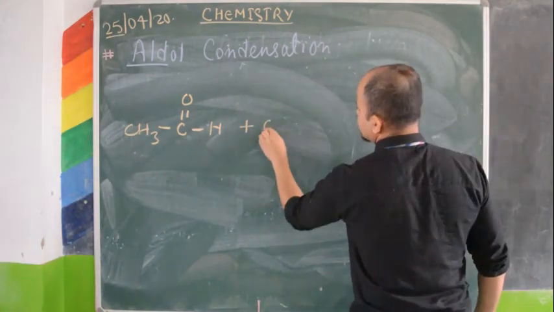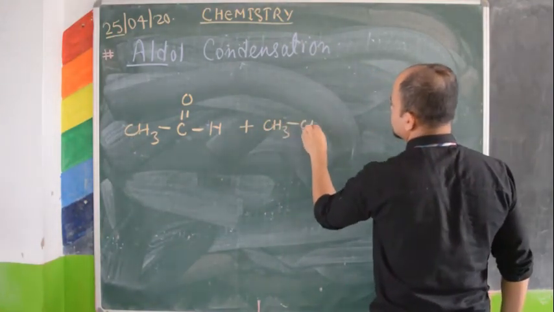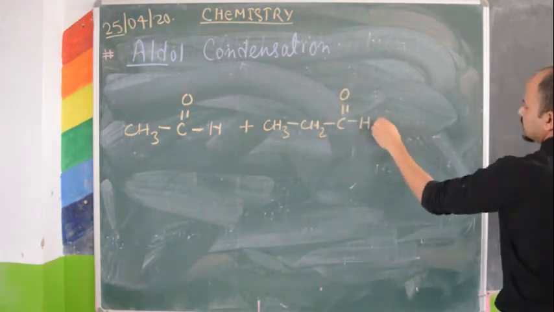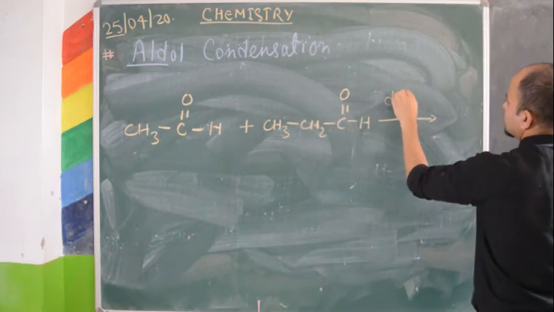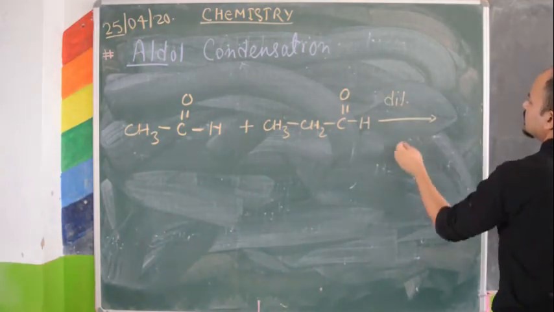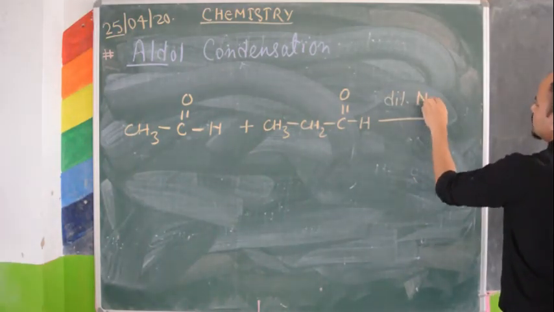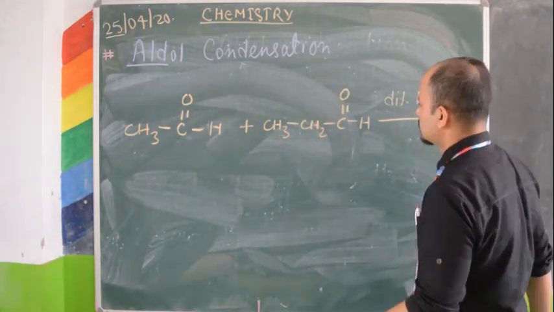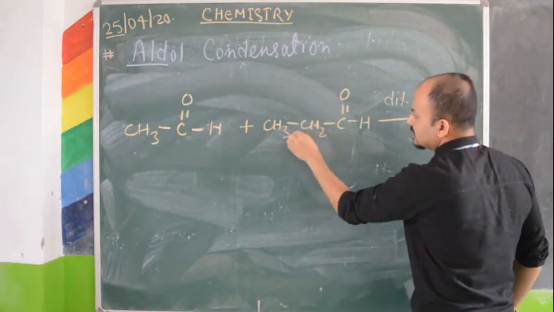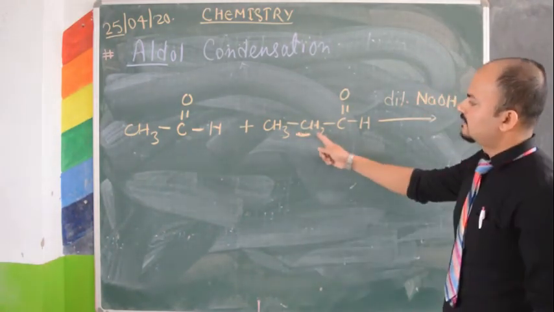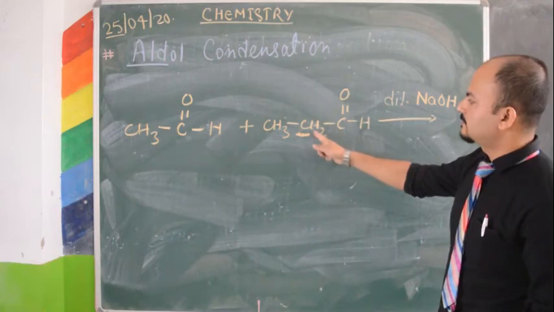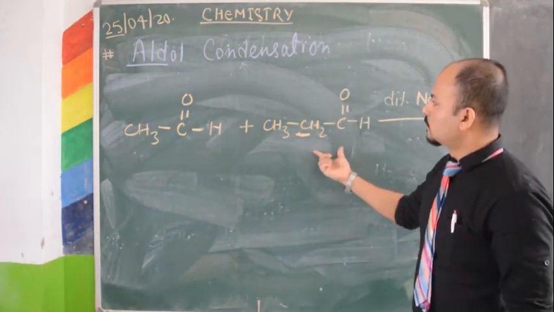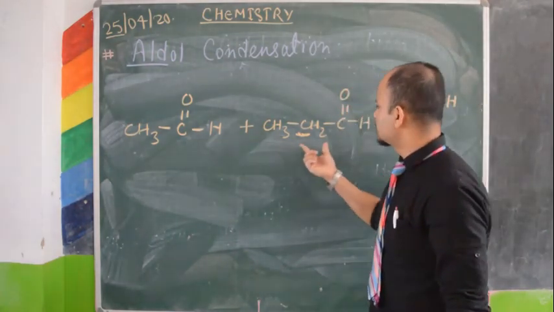Like in this case, CH3 CH2 C double bond O, H, in presence of dilute NaOH. I'm just telling you to write the product. Now please look at this. This is the alpha carbon and these are alpha hydrogens. Therefore the bond formation has to take place from here. You can refer to your book for solving this reaction.